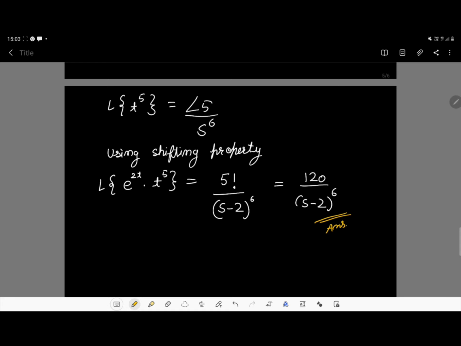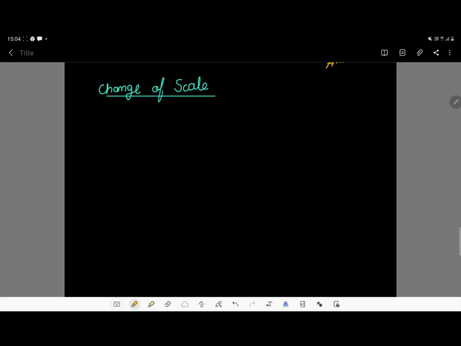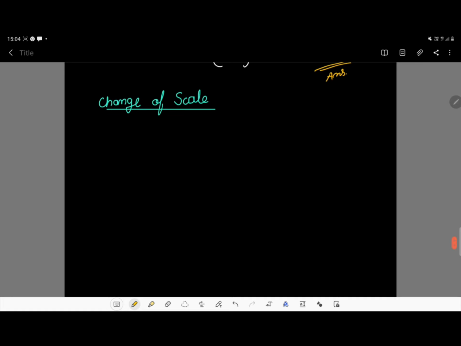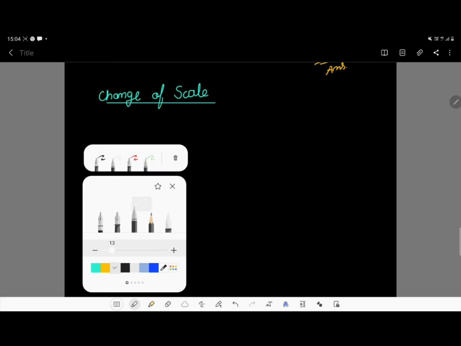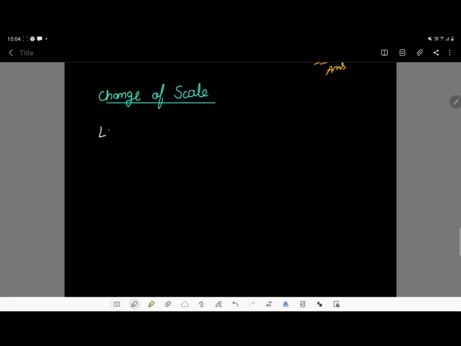So now next thing, it is change of scale, right? So now for this I will write Laplace transform of f of t is F of s, right?